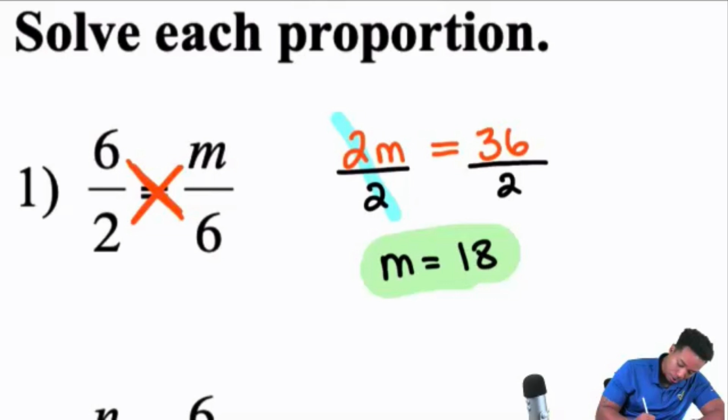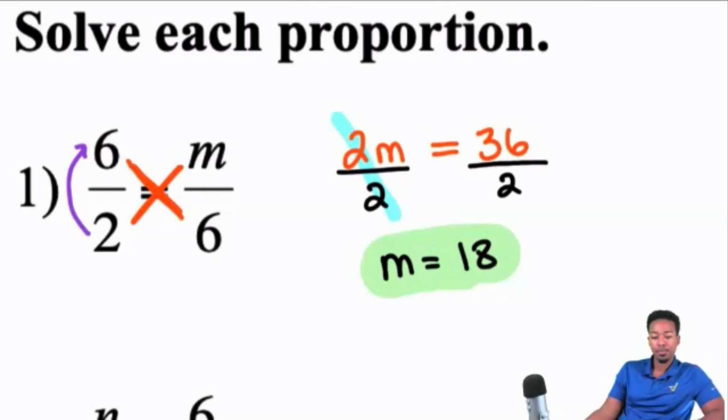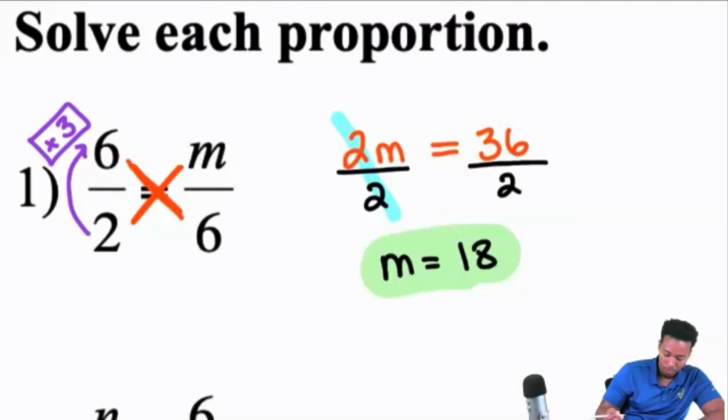Watch this. You can do it like this if you wanted to. Everybody, how do you go from 2 to 6? What do you do to 2 to get to 6? That's right, times 3. Times 3 relationship. And again, proportions are the same comparisons in the same way.